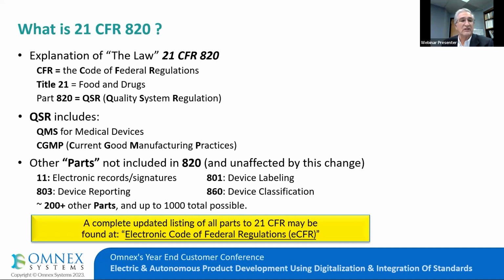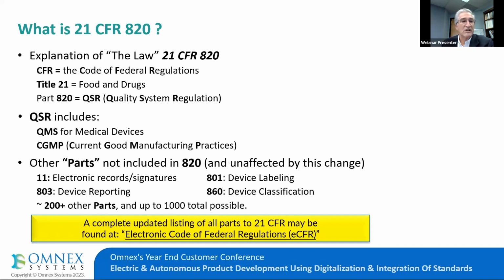QSR also includes quality management systems for medical devices and CGMP, which is current good manufacturing practices. Other parts not included in 820 and unaffected by this change include items like electronic records, signature, device reporting, device labeling, device classification.